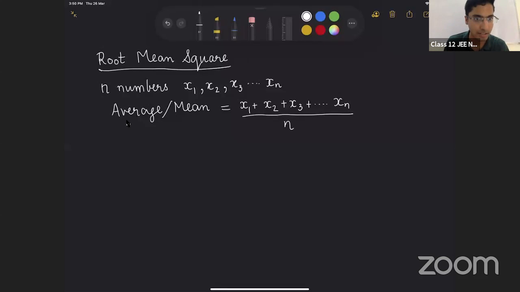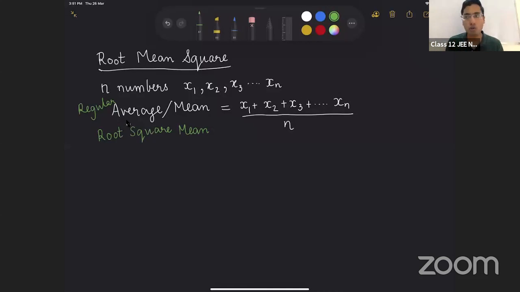Click yes if you know this. Okay, very simple concept. All right, all of you know this. Now in maths, there is one more quantity. This is the regular mean. So we will call this the regular mean. Now in maths, there is one more type of average, which is defined as root square mean, which is what we are going to use in today's lesson.